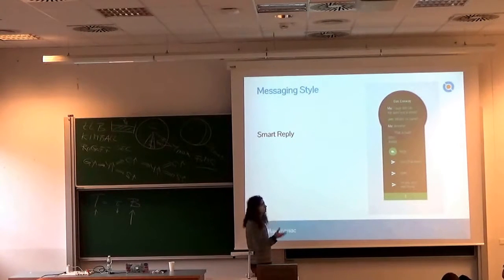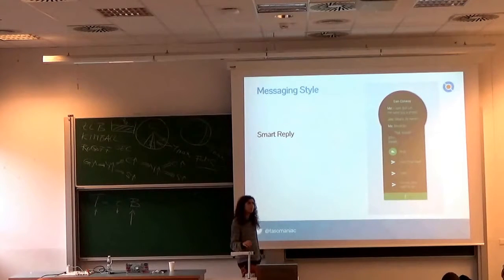Which is actually kind of a weird API, but if you put null as the author of a message, it's the user. So it puts "me", and if you put the author information of a message, it gets the name automatically and puts it.